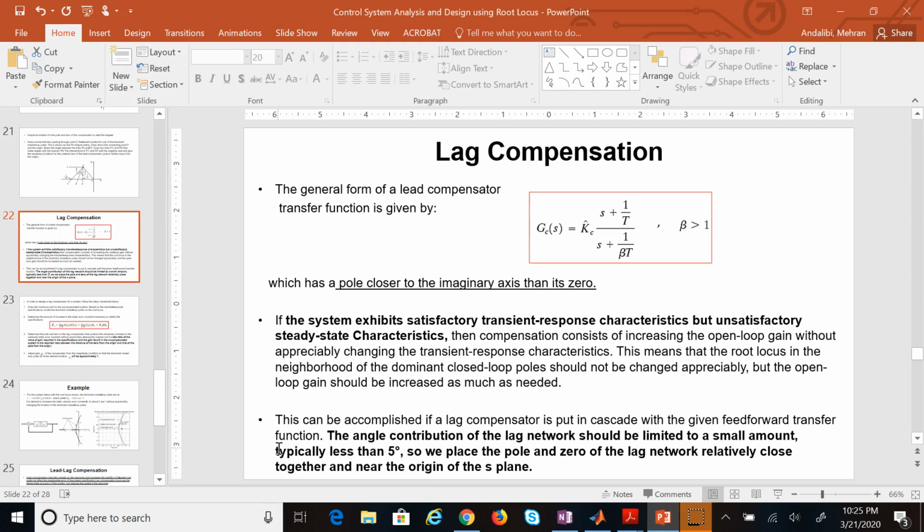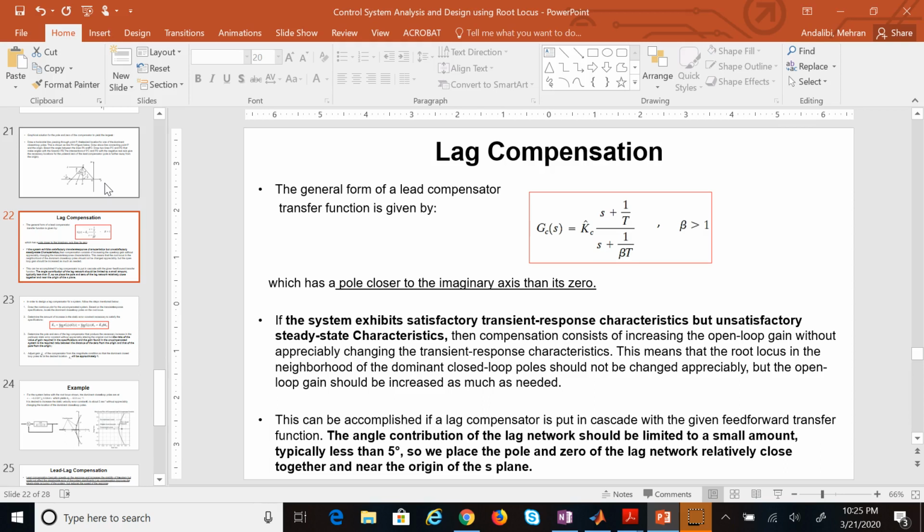But the fact is, a lead compensator cannot really affect much the steady state error of the system. If you remember in class, I mentioned a good controller is the one that shows minimal overshoot, is fast, which means small settling time or rise time, and also shows minimal to zero steady state error, right?